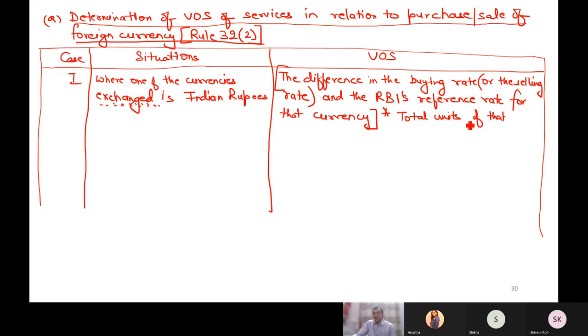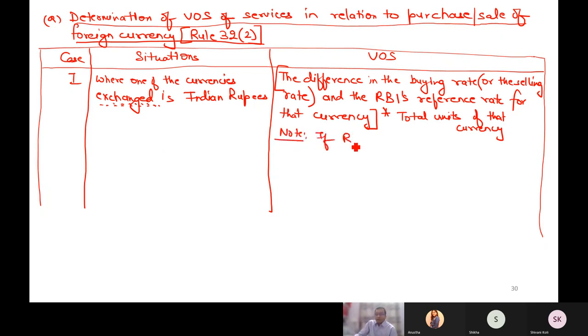So you get the total value. If you don't multiply it, then you get the difference of 1 unit. You multiply by the total units exchanged, and you get the difference for the entire bunch of units of that currency. Very simple. But so many times the reference rate is not applicable.